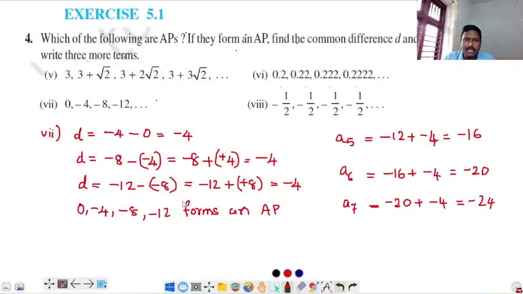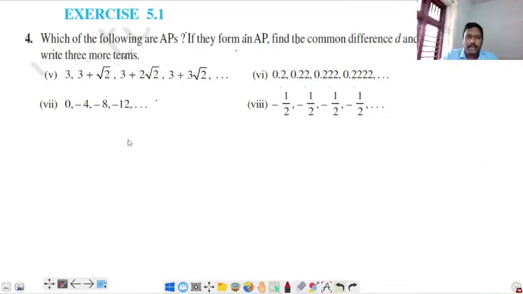Now let us check question number 8. We have the first term is minus 1 by 2, and the next term is minus 1 by 2. The same type we have already discussed. Anyway, we can find the common difference.